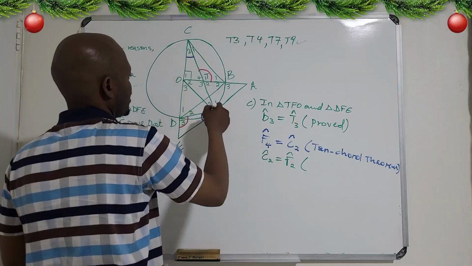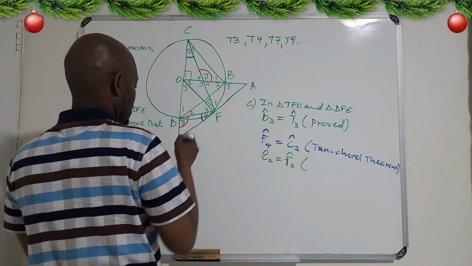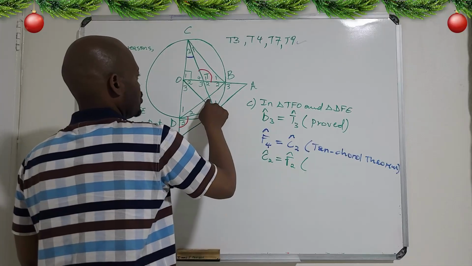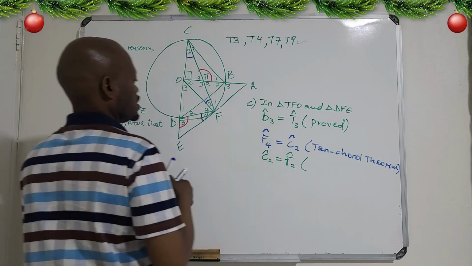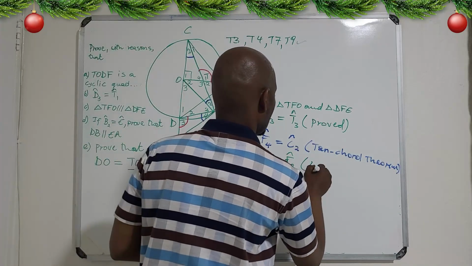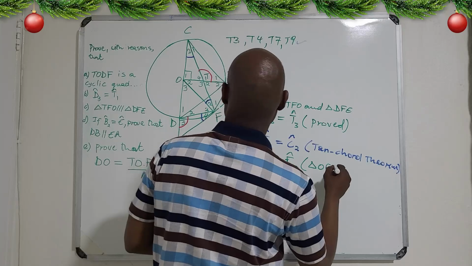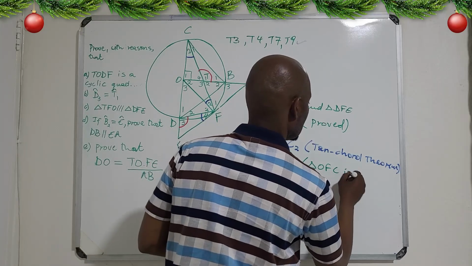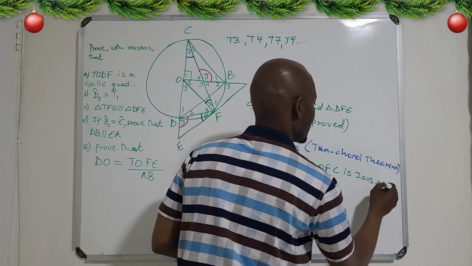There's a radius, there's a radius. Therefore, these are base angles of an isosceles triangle. Therefore, triangle OFC is an isosceles triangle.